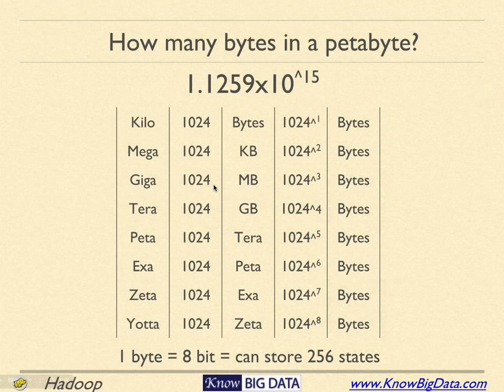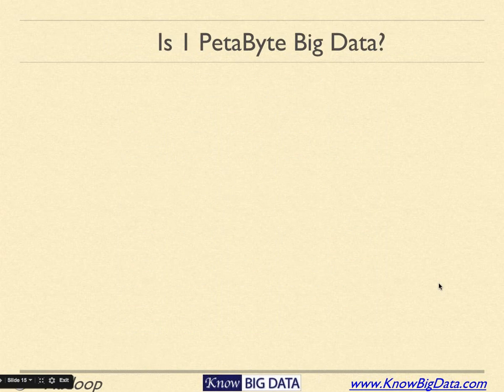Similarly, a single bit can store 0 or 1, and therefore can be used in conjunction with other bits to store big numbers. So 1 byte is 8 bits and hence can store 256 states. A kilobyte is 1024 bytes, a megabyte is 1024 kilobytes, and so on. This way you can remember the bytes.